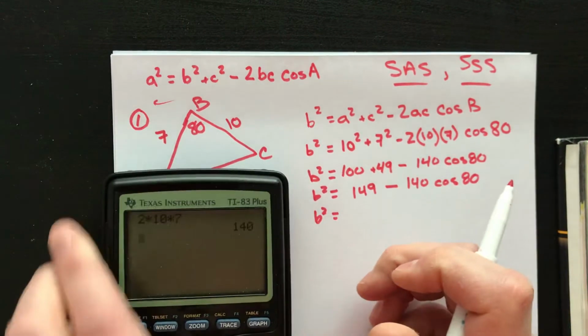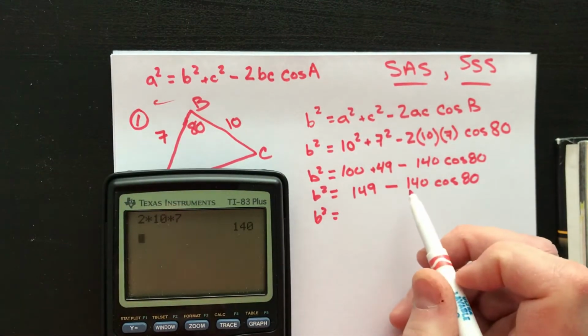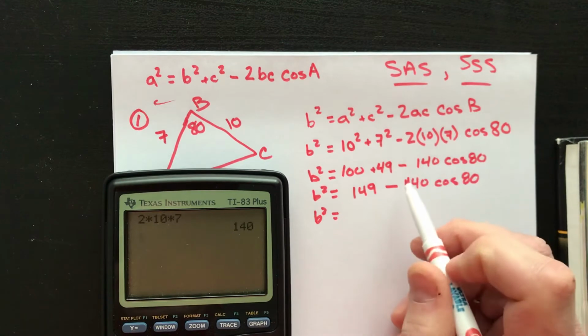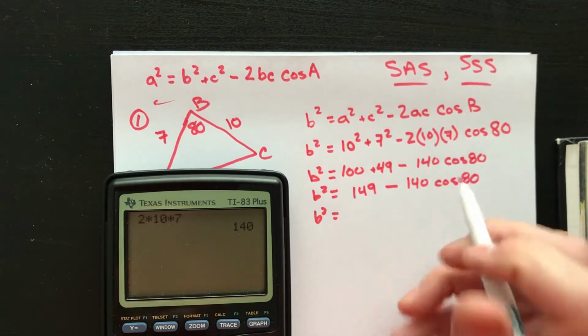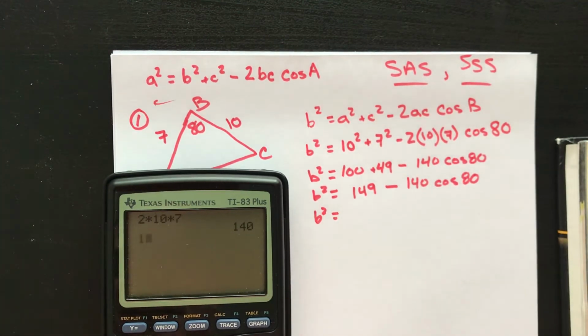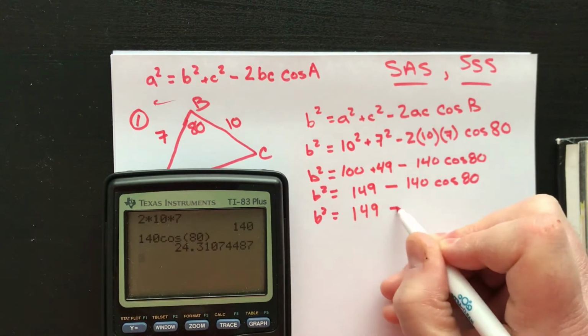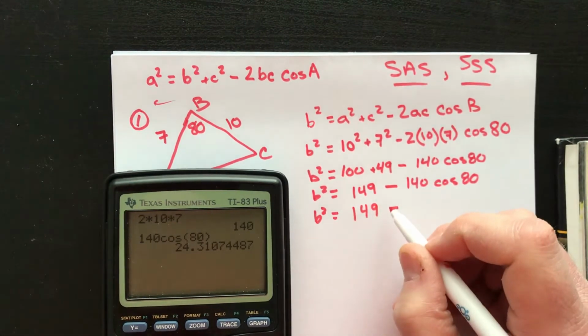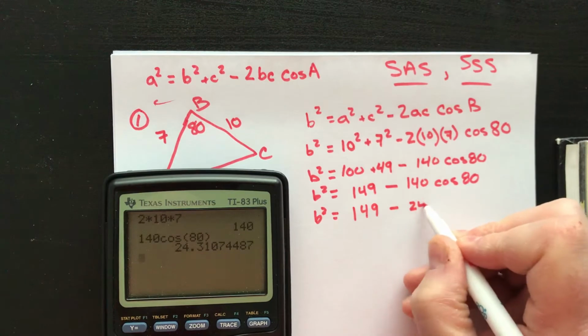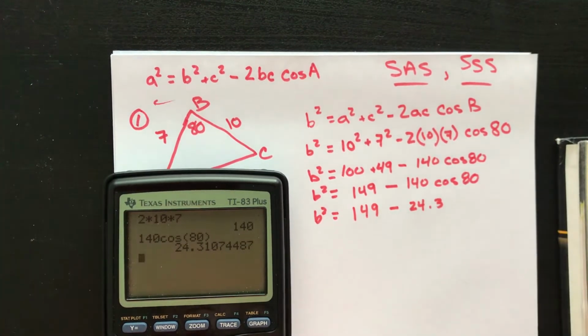So what I need to do is find out what is the equivalent of 140 cosine of 80. So I type 140 cosine of 80. Close that parenthesis. So I now have 149 minus, once again, I'm bringing the minus sign down, 24.3.